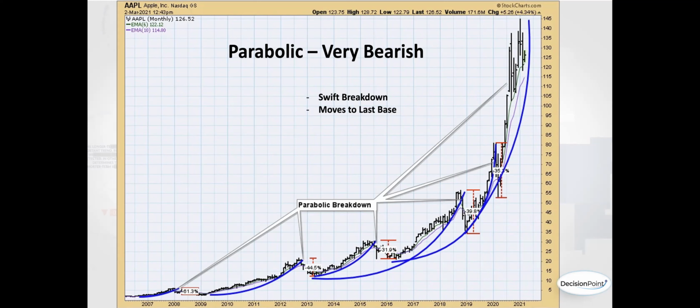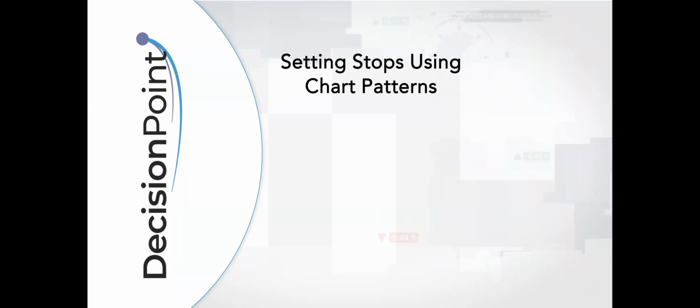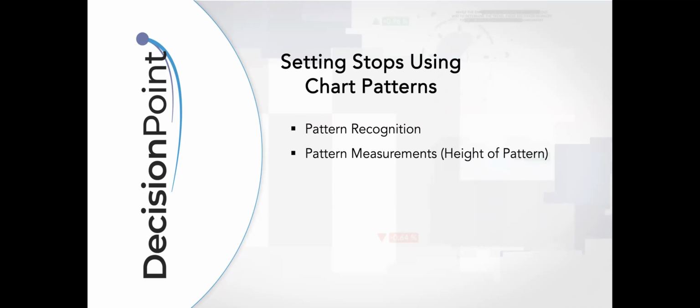So now, what about setting stops using the chart patterns? I did talk about how you can use those. First off, of course, you need to recognize what the pattern is. And typically, with a double bottom, you know the height of the pattern. So I measure that, and then I move up.